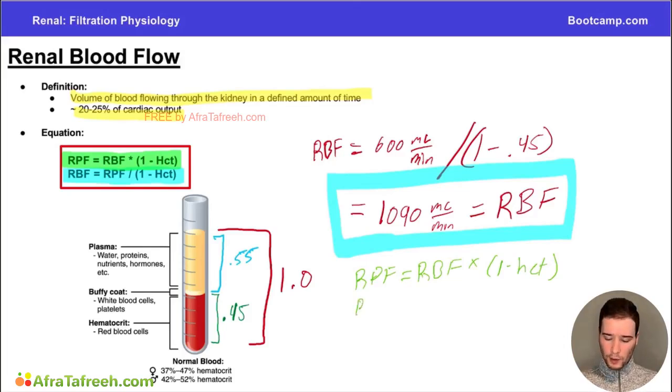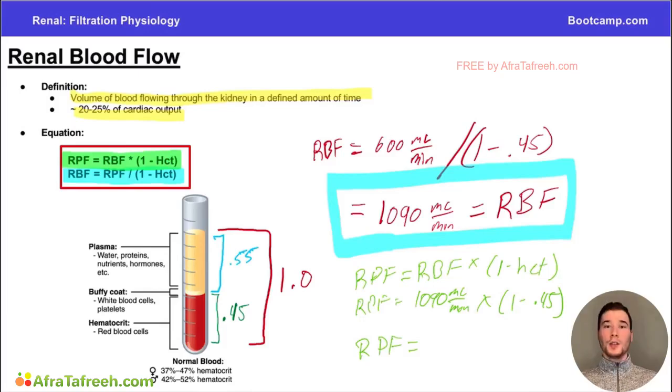So renal plasma flow equals 1090 milliliters per minute times 1 minus 0.45. If we enter this into our calculator, which we're usually given in a test setting, we find our renal plasma flow equals approximately the 600 milliliters per minute that we started with. So now we can compare and contrast and confirm our calculations are correct.